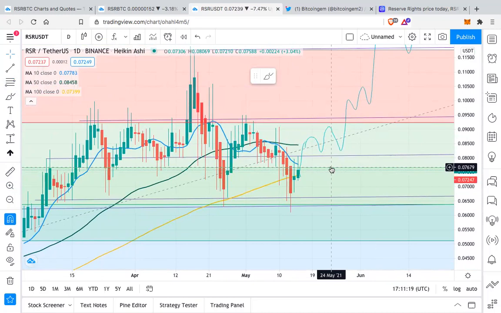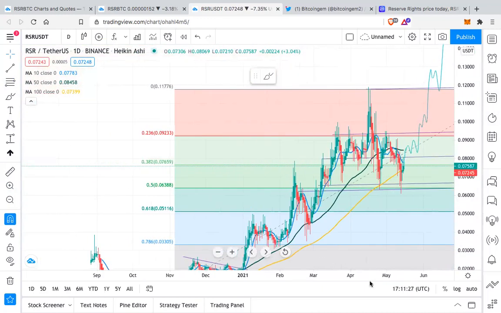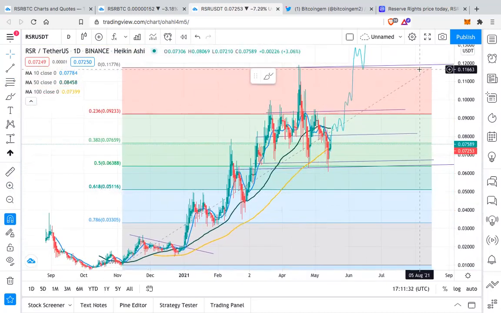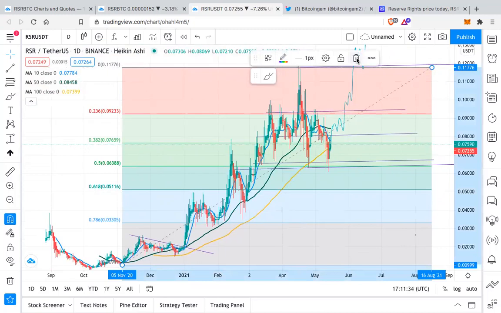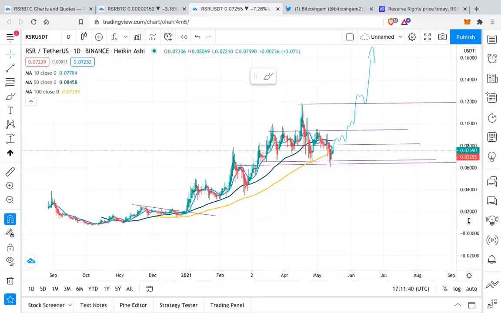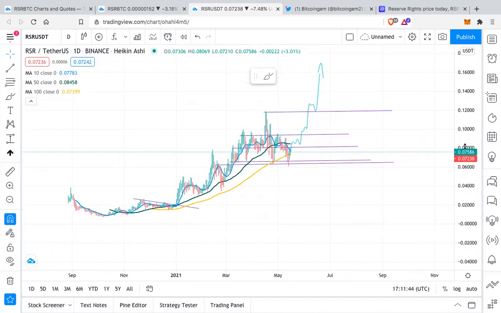The 0.382 level is at around 7.5 cents. So as per fib, it is definitely having a lot of strength. Anything above 0.5 is bullish. Being above 0.382 is even more bullish. So I think it's just a matter of time before RSR again starts moving upwards.